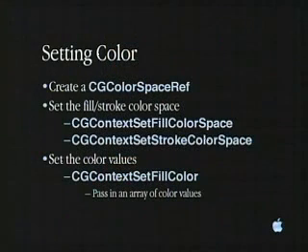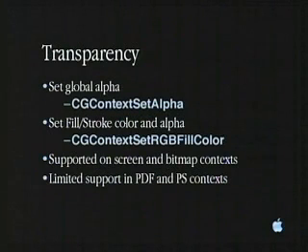Now that that is selected into the context, when you're specifying the colors, you pass it an array of color values for the components of that color space. For example, in RGB, you'd be specifying the R, G, and B components as an array of color values. We also allow you to add alpha values. So when you set the color, you can also pass in an alpha value.